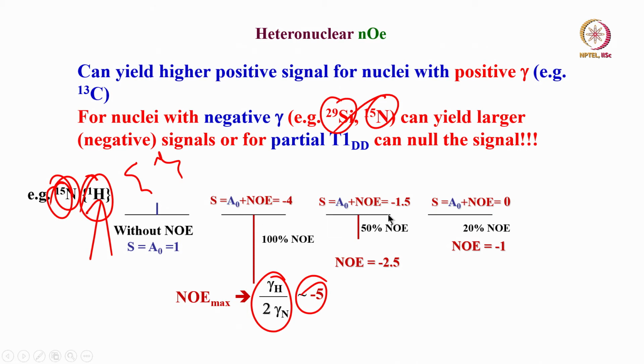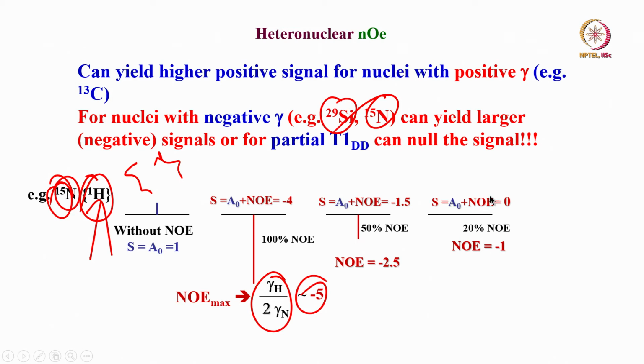If you continue like this, in a situation where there is 50% NOE, you will get minus 1.5. Whereas, if you consider a situation where this can turn out to be 0, let us say there is a 20% NOE. If you calculate what is the 20% NOE with this, then it turns out to be NOE minus 1.